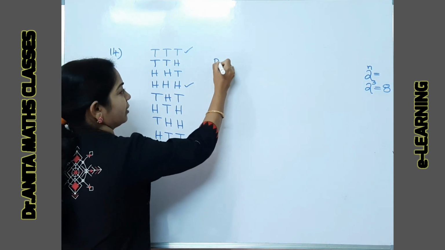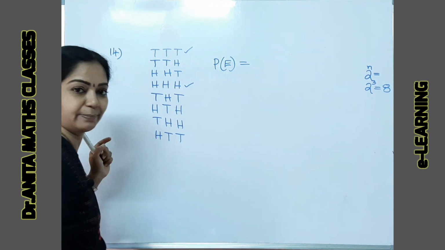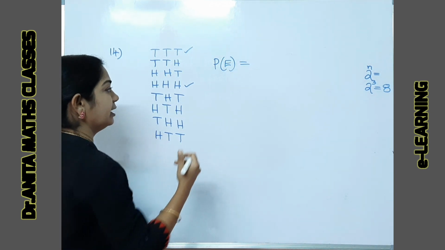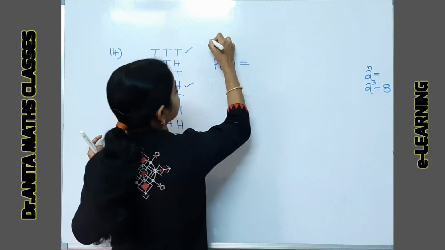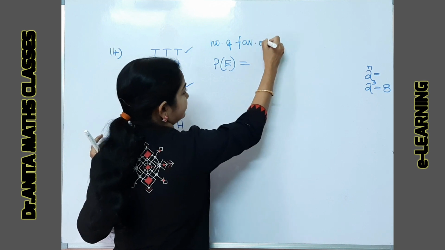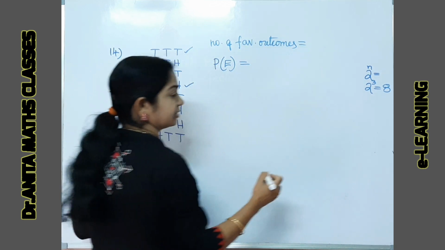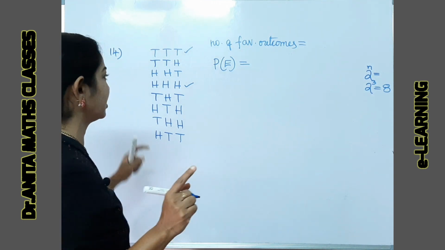So the event to happen is she will lose. The experiment is tossing the coin. Now, the number of favorable outcomes here are that she will lose, isn't it? Not winning. Winning is only 2 favorable outcomes.